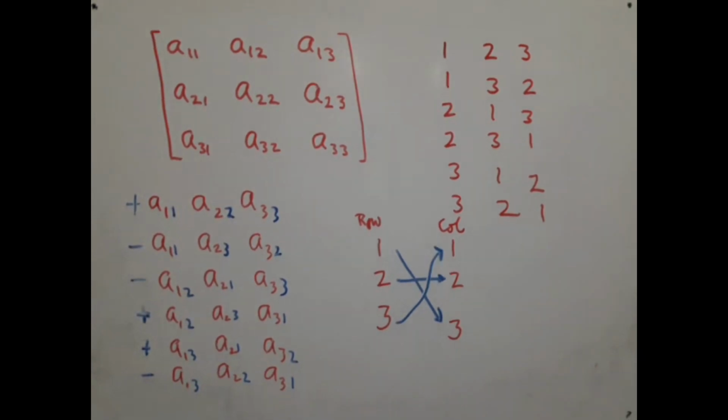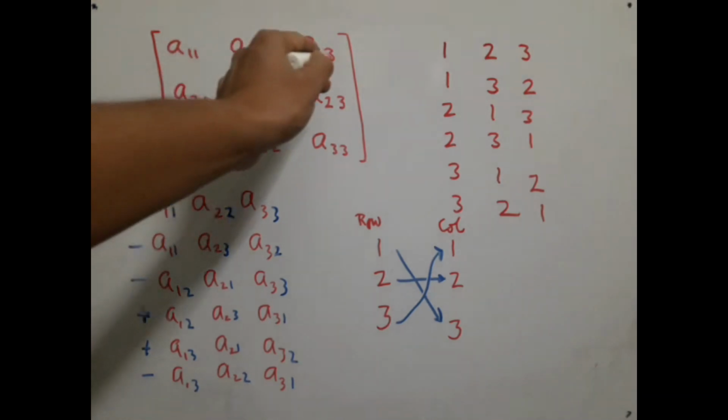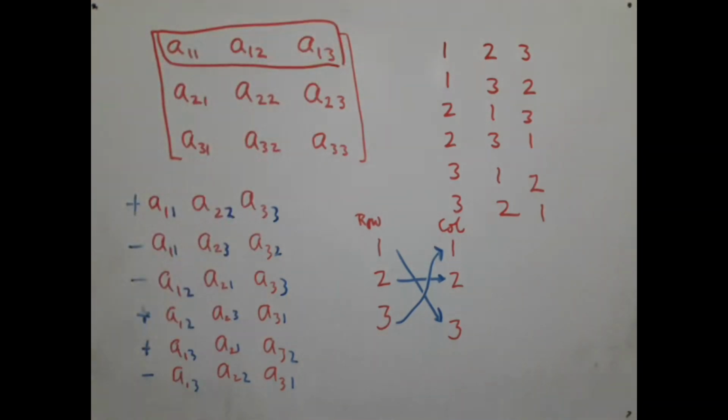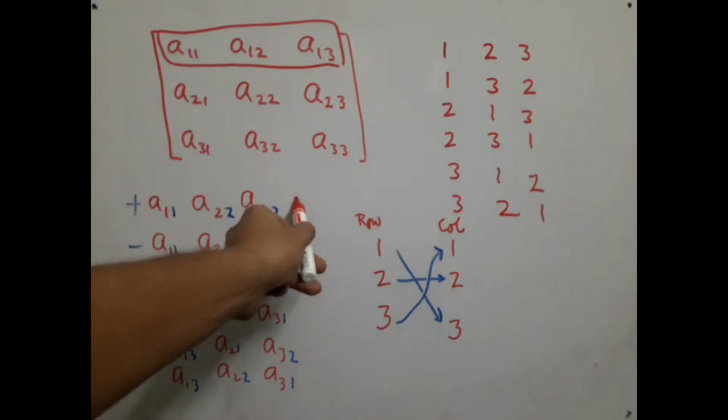Well, now Leibniz noticed that while this is quite complicated, especially deciding about these signs, let's just see this. In every term, we have each row and each column represented exactly once. So I must be getting these first row entries somewhere. Let's see where we get A11. The terms where I get A11 are these.